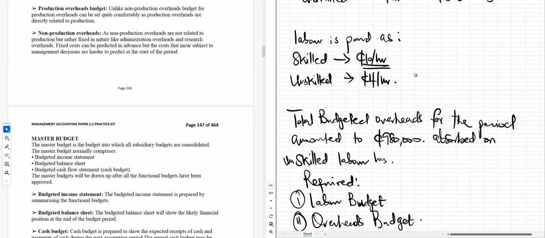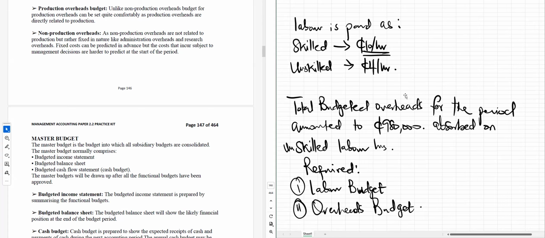The requirement, labor and overhead, is a continuation from the other question that I framed right now. I can add more. Do you want more? Can we proceed? Yes, please.